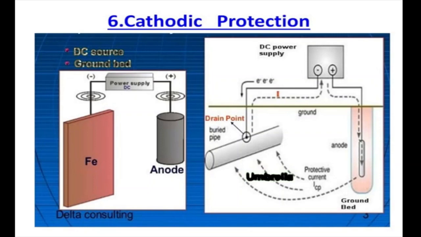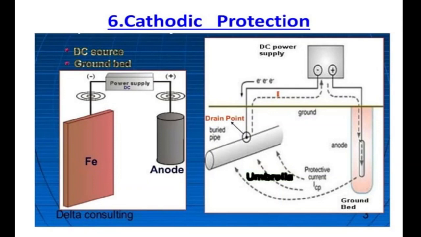After a period of time we will find that the cathode, which is this particular pipeline, is protected and there is no corrosive effect, whereas the anode kept outside, the zinc plates or similar plates, is corroded out.